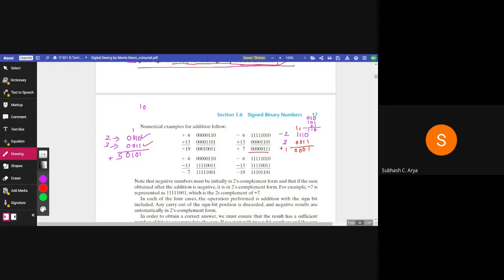Now let us do this exercise. This is 2 and this is -3. How can we write 2? 0 0 1 0. How can we write -3? This is +3, so +3 is 0 0 1 1.